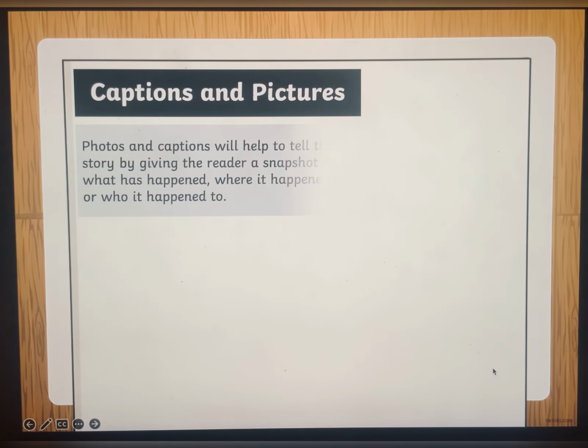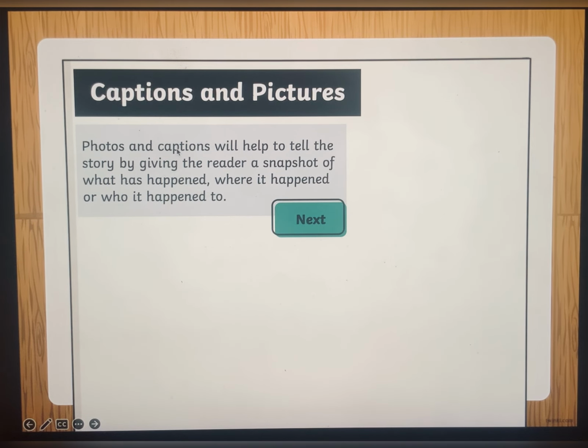Going ahead, my captions and pictures. We are all in great love with the pictures, right? Pictures are what actually keep the readers hooked, to be frank. So sometimes even if I have not seen the headline, the picture is interesting. It is necessary that it should have a caption.